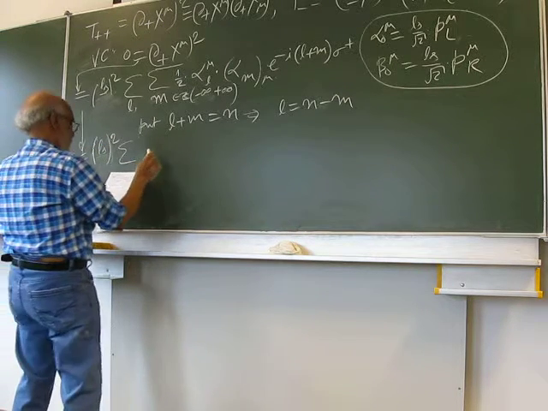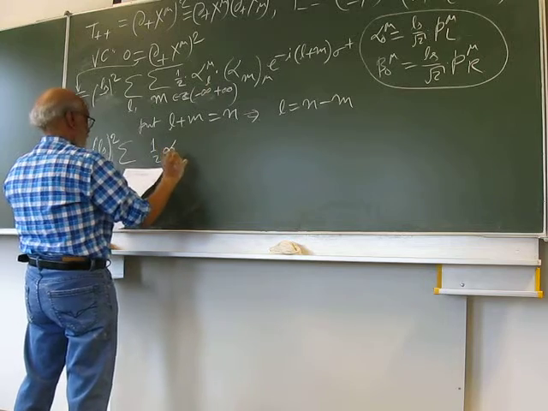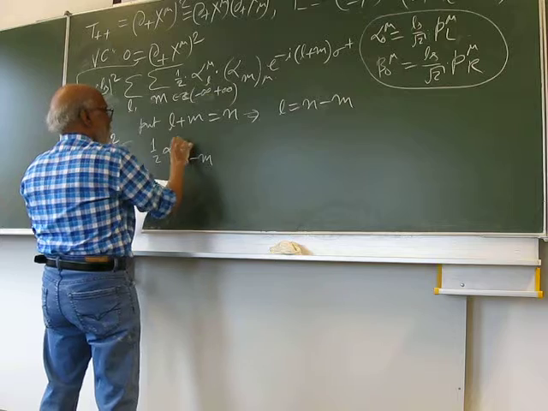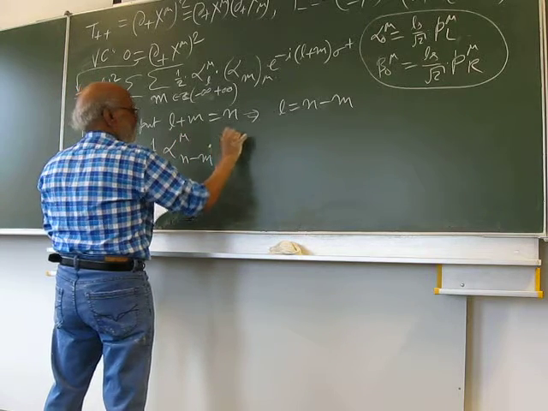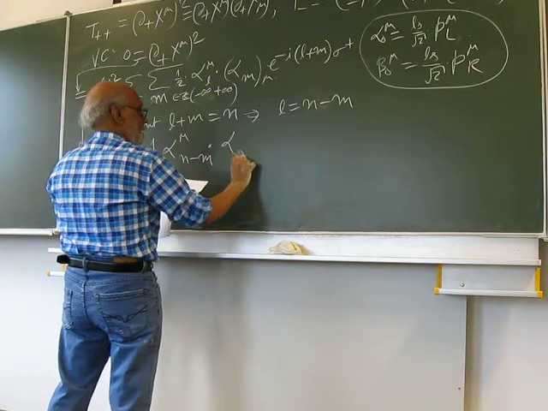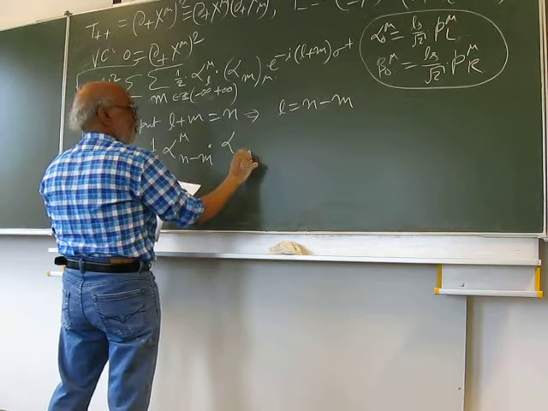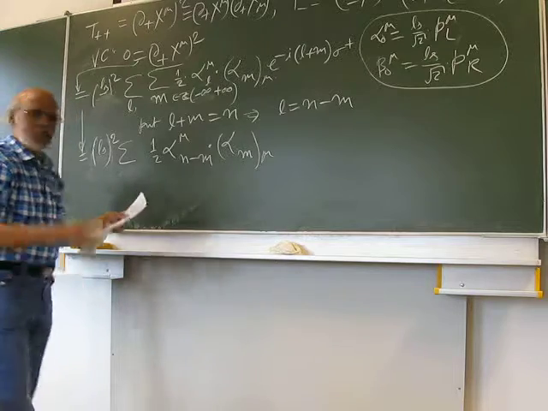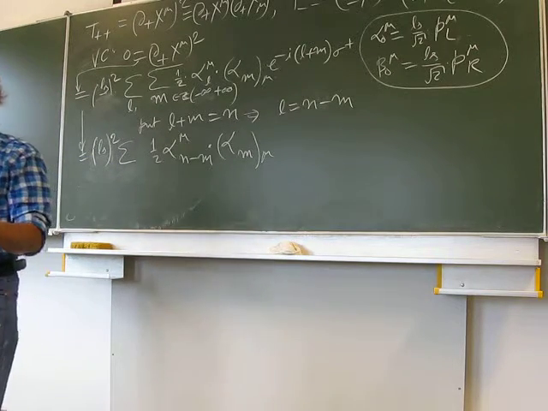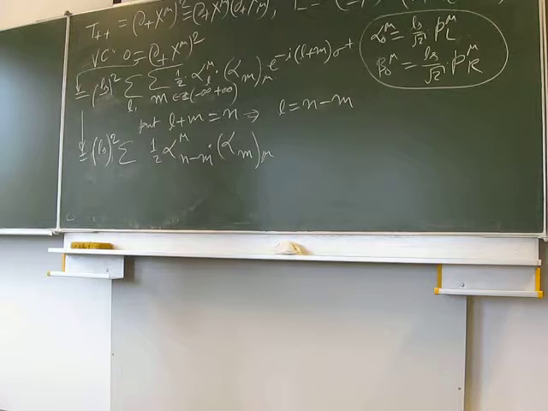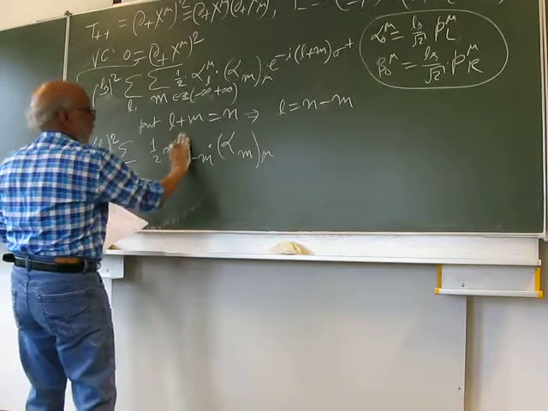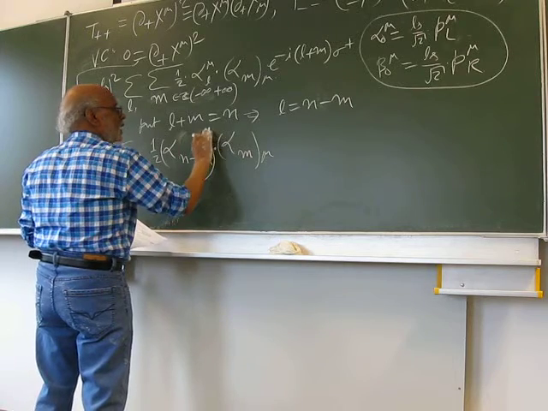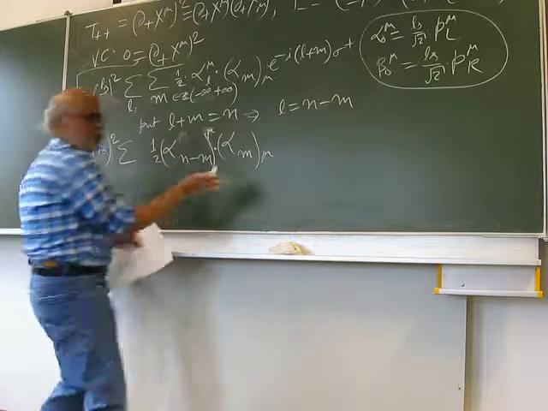So this is now 1/2 alpha L, where L is n minus m, and of course mu, and alpha m, let me put mu here. Okay, it's a scalar product of two mu vectors. Okay, that's also, if you like, you can put it like this. Okay, it is the same thing.